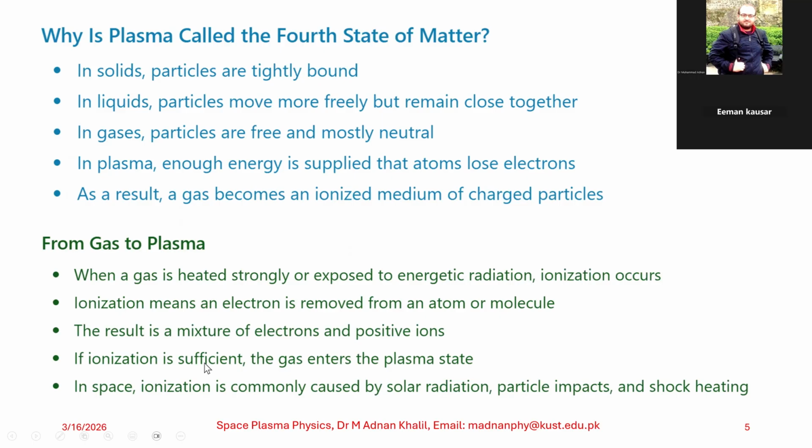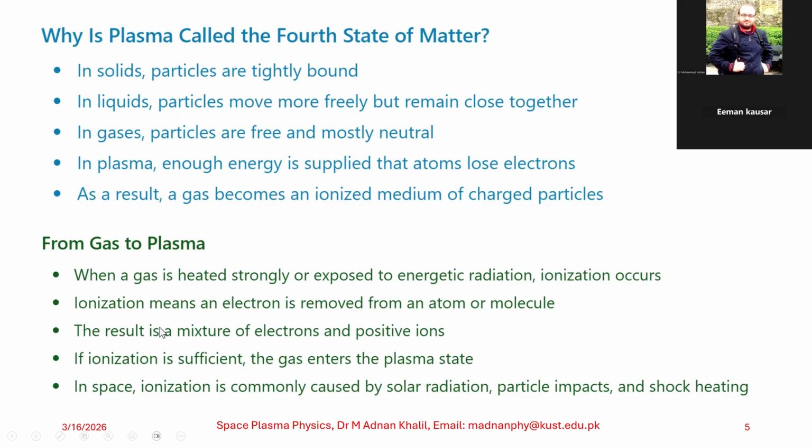If ionization is sufficient, the gas enters the plasma state. This is a technical term: we cannot say that anything containing ions and electrons is a plasma state. There are some technical criteria for an ionized gas to be termed a plasma state.